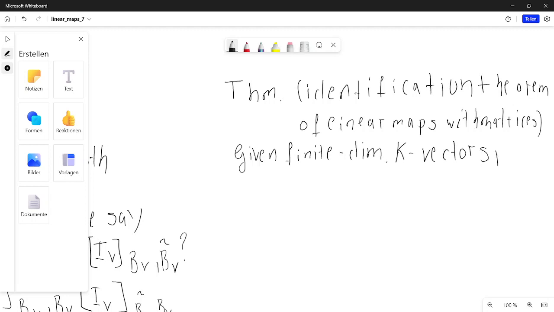This is, by the way, kind of the main theorem of the basics of linear maps. Oh, the dimension formula is in this. Theorem.